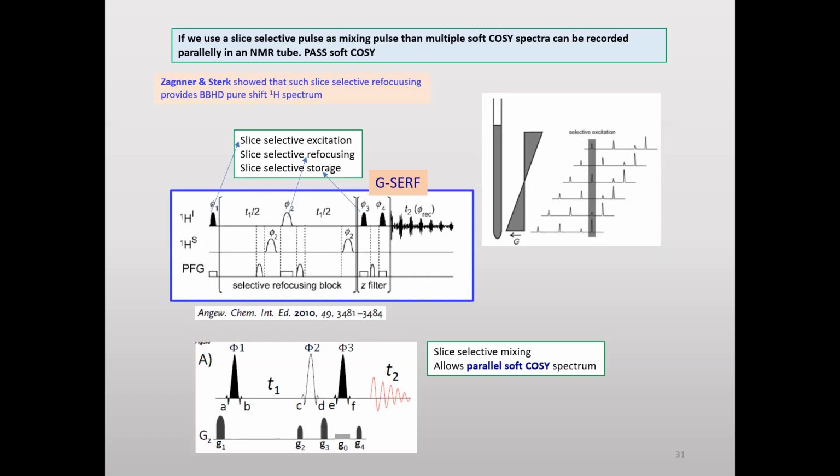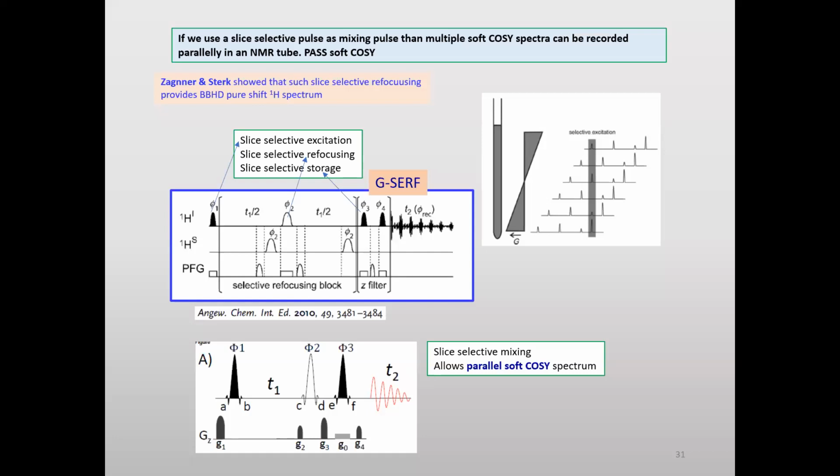What the Z-SURF does is slice-selective excitation, then slice-selective refocusing in the middle of the sequence, and then slice-selective storage of all these signals which are coupled to a particular proton spin. We found that there is another way of recording this kind of spectrum, and that is the parallel soft COSY spectrum.